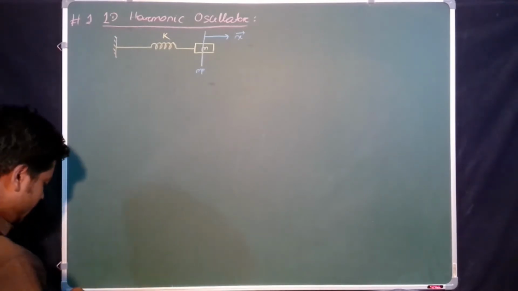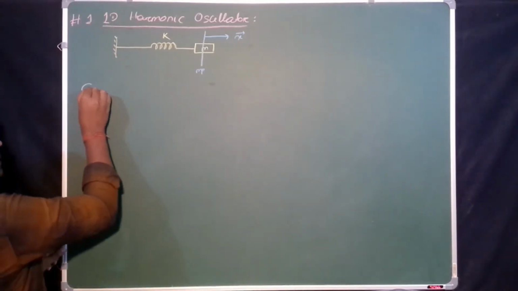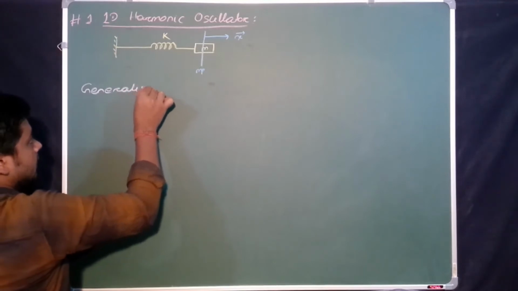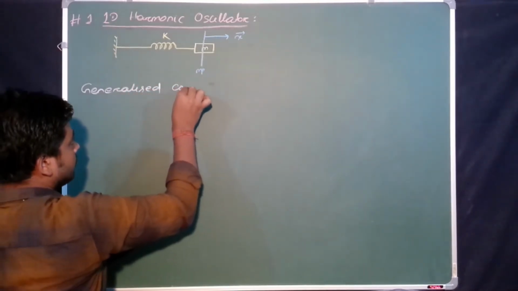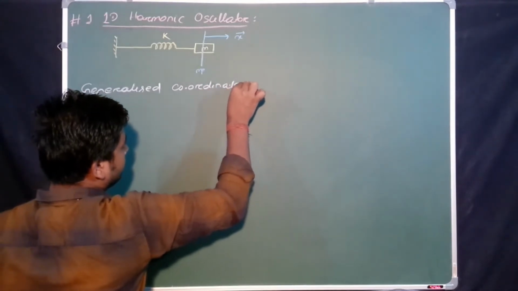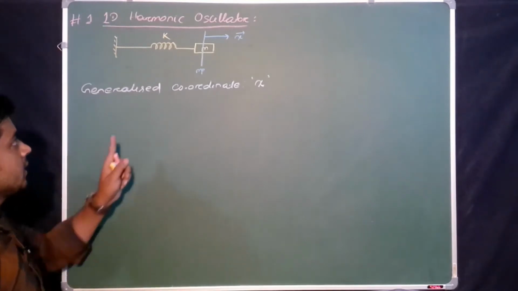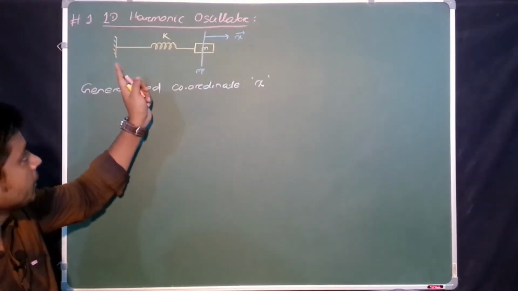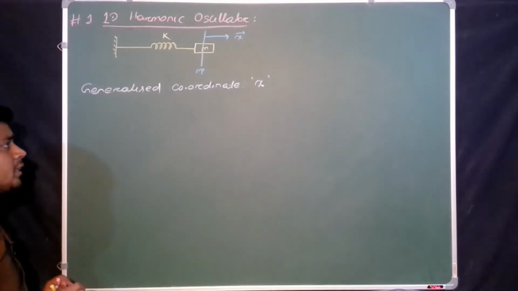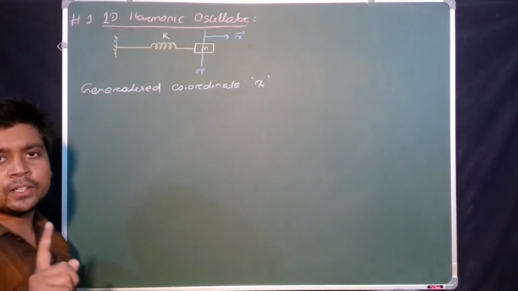See here, the generalized coordinate is x. Yes or no? The system only depends upon x as it moves in the x direction only. To construct the Lagrangian, we first have to find the kinetic energy, then the potential energy.